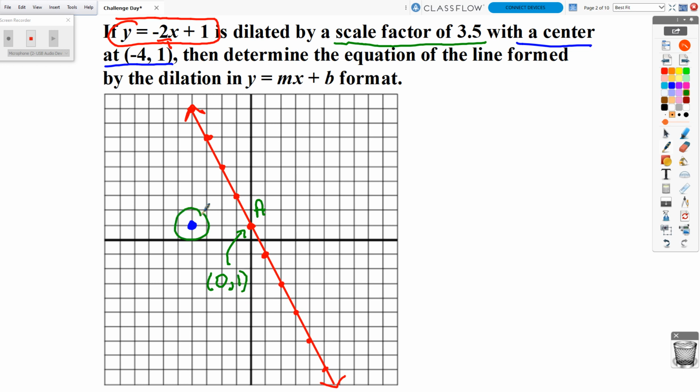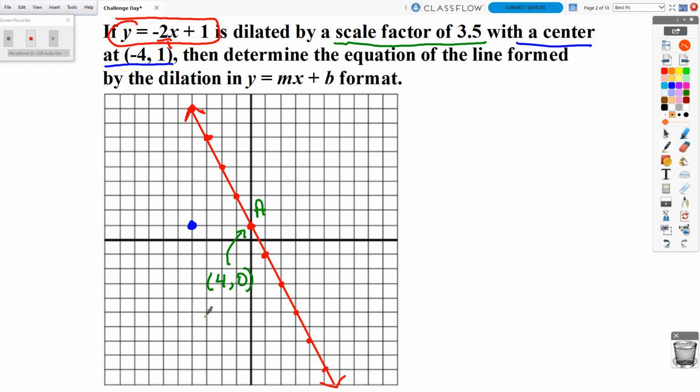But if I'm doing a dilation that's not centered at 0, 0, then I don't call it the actual point. I need to call it by its pretend coordinate. So if I went 1, 2, 3, 4, this is really 4, 0.